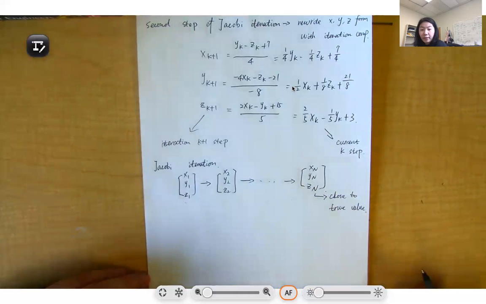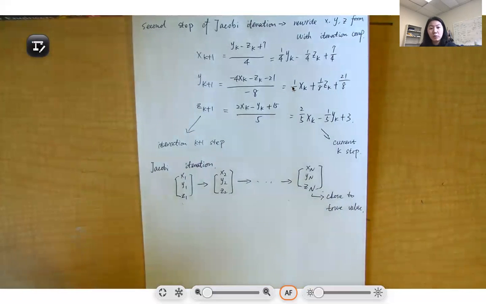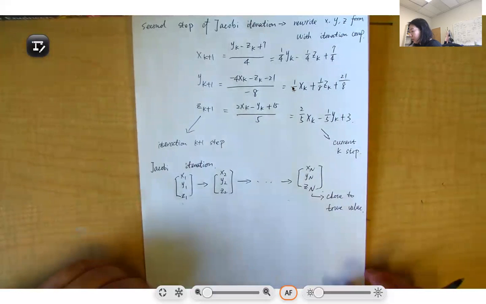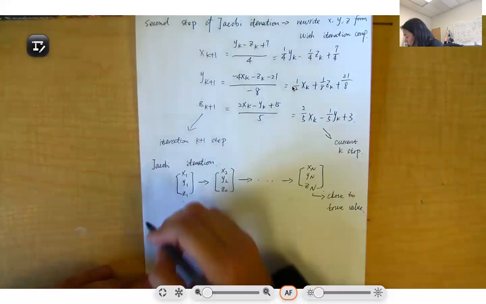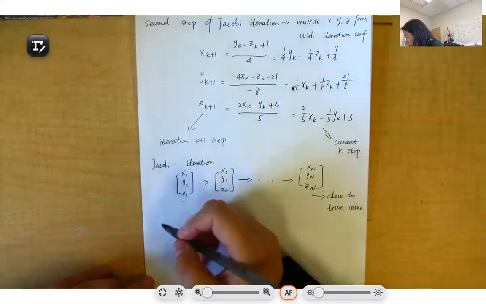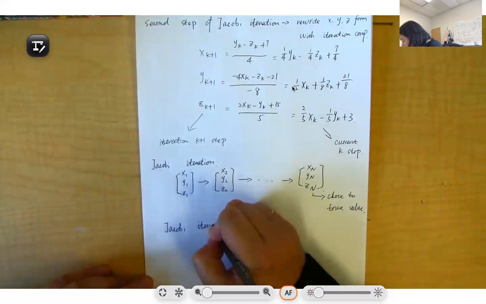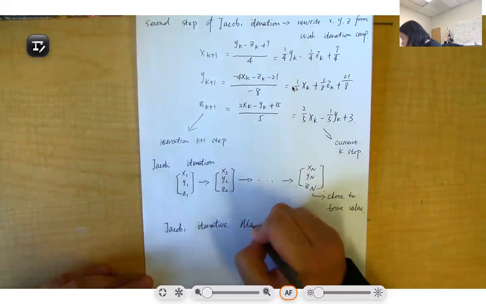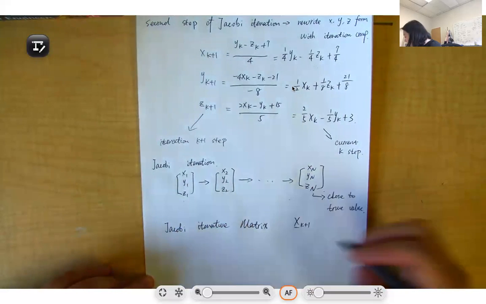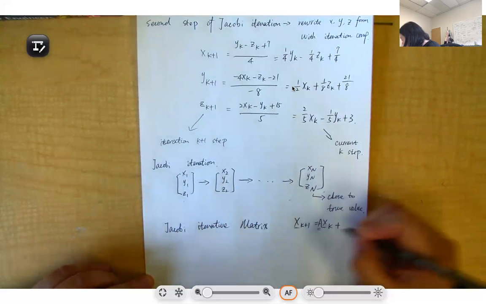Okay, so what we can use MATLAB to do is compare the true value, and compare using the Jacobi iteration how things look. So for the Jacobi iteration, we have our Jacobi iterative matrices, which is for the looping. xk plus 1 can be represented as xk plus 1 equals A xk plus b.